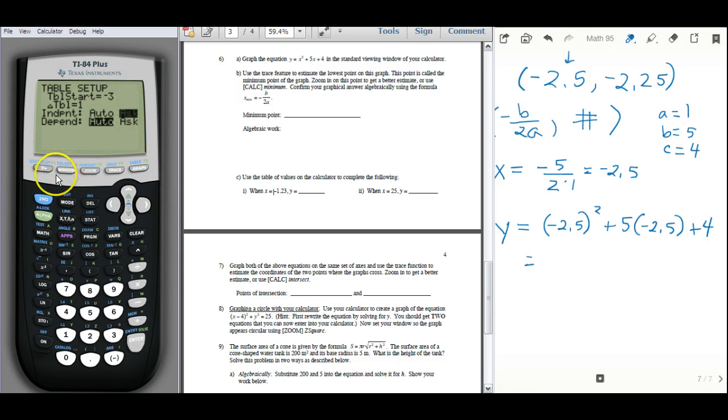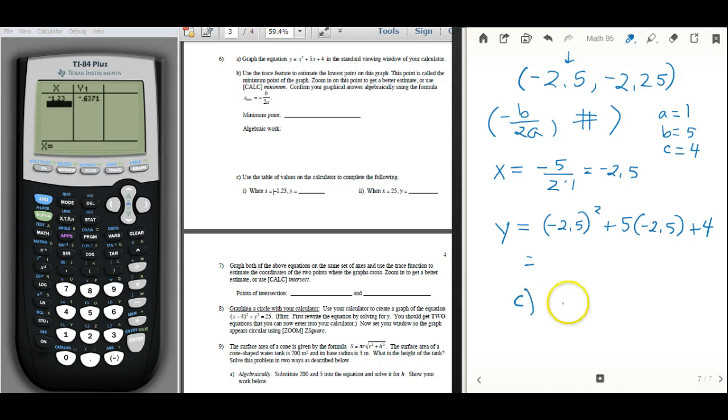And now when we go back to our table, again, second graph, it's just waiting for us to tell it what x value we want. So go ahead and plug in negative 1.23, hit enter, and now it gives us, poof, the corresponding y value. So for part C, I see that we will get the ordered pair negative 1.23, comma, negative 0.6371.